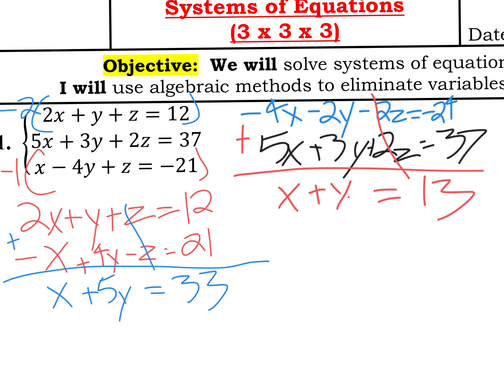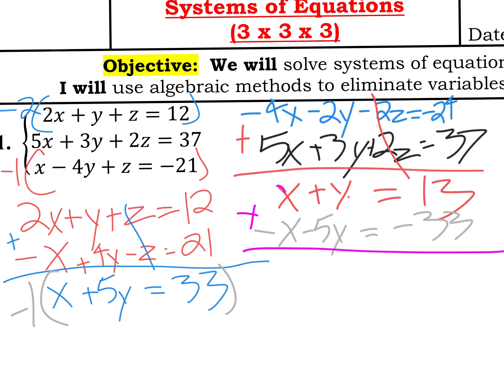So what I'm going to do is I'm going to multiply this blue equation by negative 1, and that'll produce negative x minus 5y equals negative 33. And so I'll add those two equations together. My x's will disappear. I'll get y plus negative 5y, so that'll make negative 4y. And then I'll get 13 minus 33, so that's negative 20.